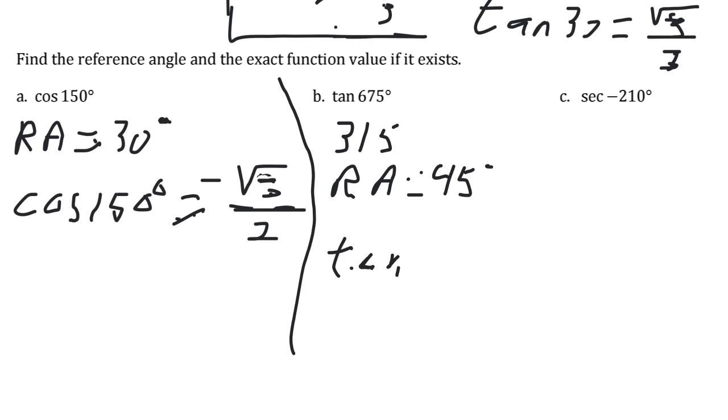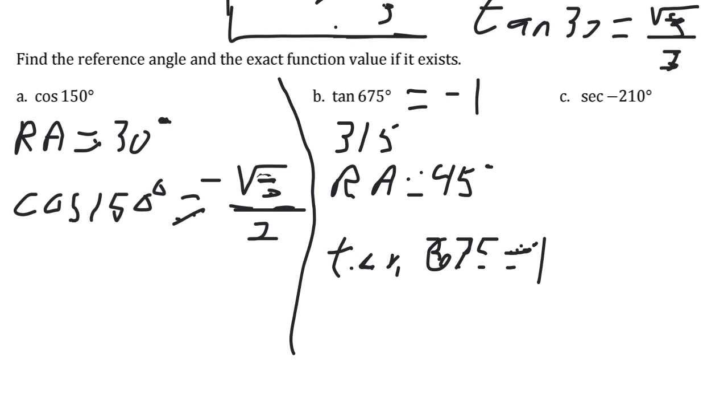So tangent of 675 is 1, but we have to look at the quadrant. 315 is in quadrant 4. Tangent is not positive in quadrant 4. Tangent is negative, so it's negative 1.